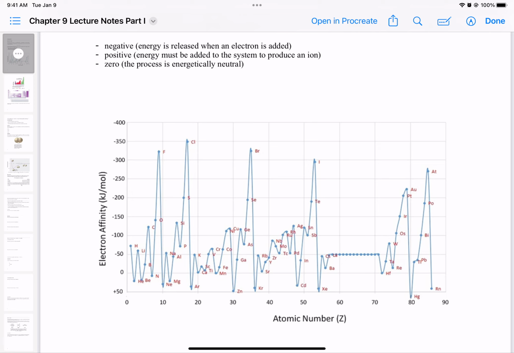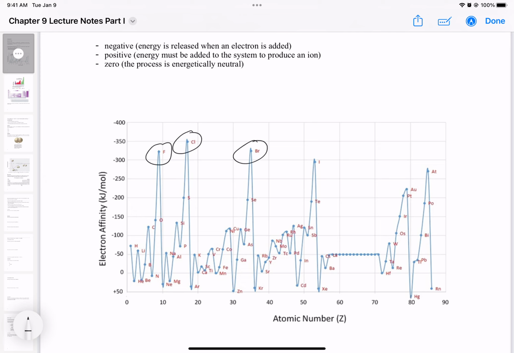So they do have some tendency to pull on electrons, and so some tend to have fairly high ionization energies. Okay, so the trend is not exactly clear, but as we can see here, the halogens tend to have the most. And we see here the halogens: fluorine, chlorine, bromine, and iodine. They tend to have the highest electron affinities.